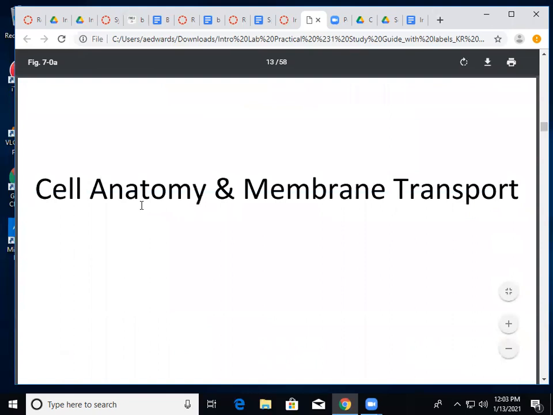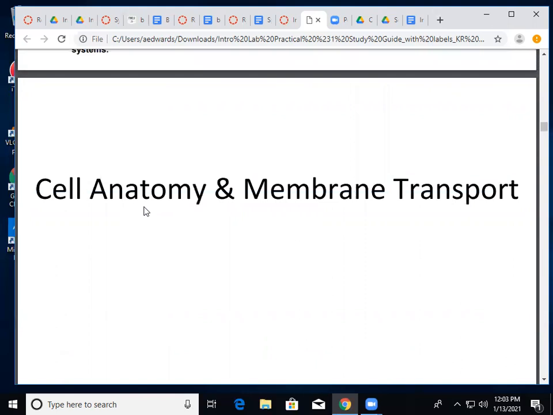So let's review that. What's the largest level? Organismal level, right? And organisms are made up of what? Before we get to organs, they're made up of what? Between organism and the organ are the organ systems, like cardiovascular system, respiratory system.